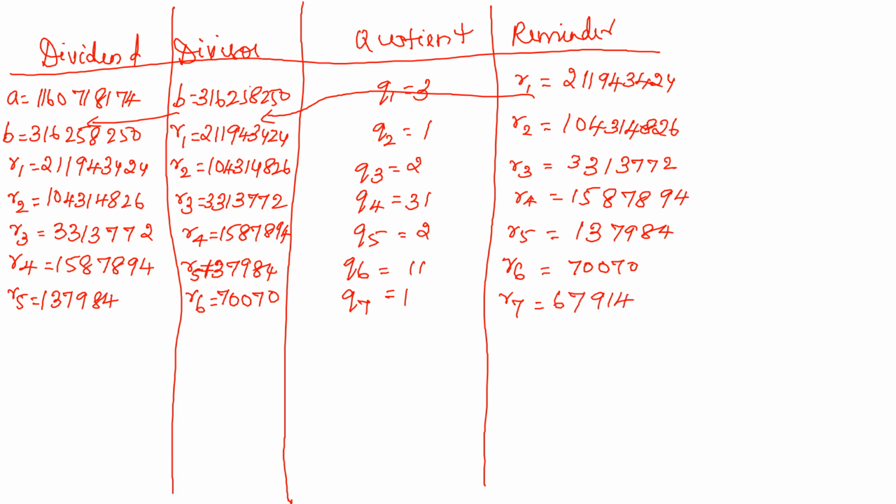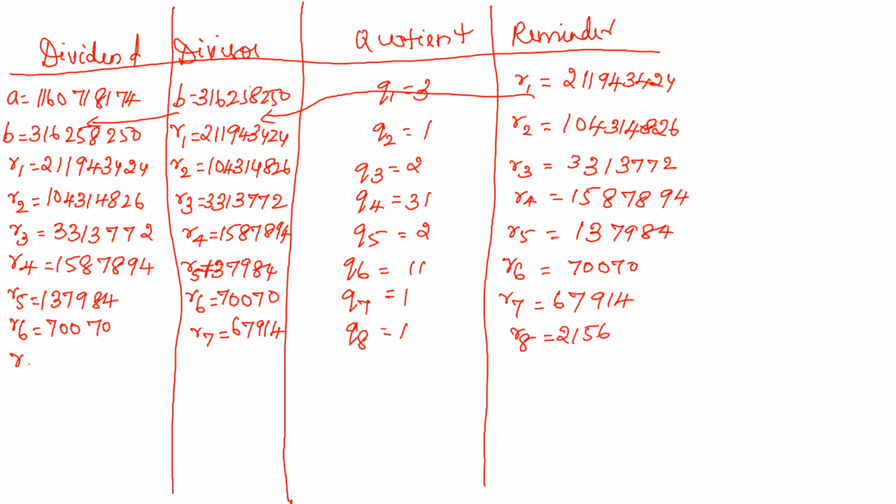Now your next step, your new dividend will be equal to R6. R6 will be equal to 70070. R7 will be equal to 67914, which is a new divisor, and you will be getting the new quotient Q8 is equal to 1, and R8 remainder is equal to 2156.